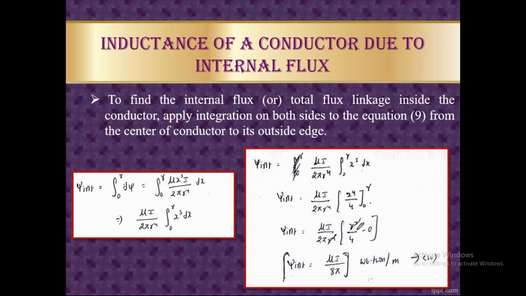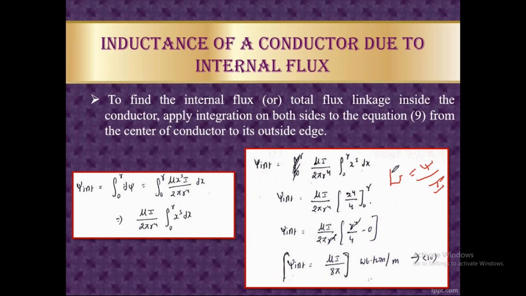If you substitute R here, R power 4 by 4 minus 0. Now R power 4 will get cancelled, and finally you will get internal flux linkage equals mu I divided by 8 pi. So what is our intention? We have the final equation in terms of L equals psi divided by I. So we have to find the inductance due to the internal flux, right?